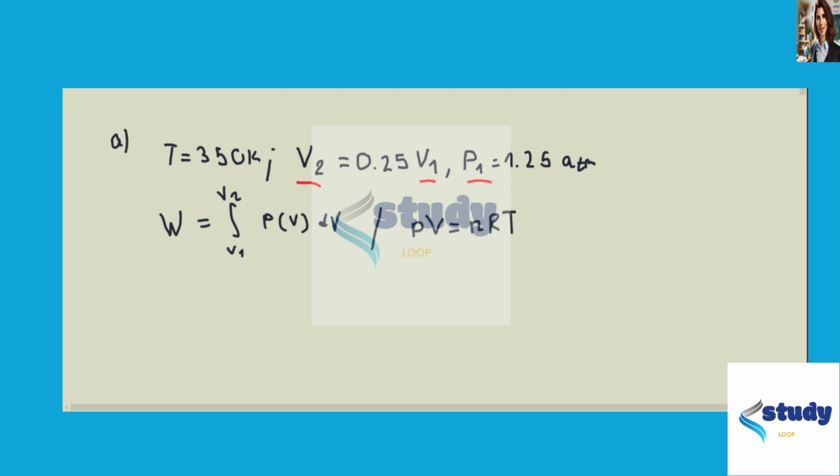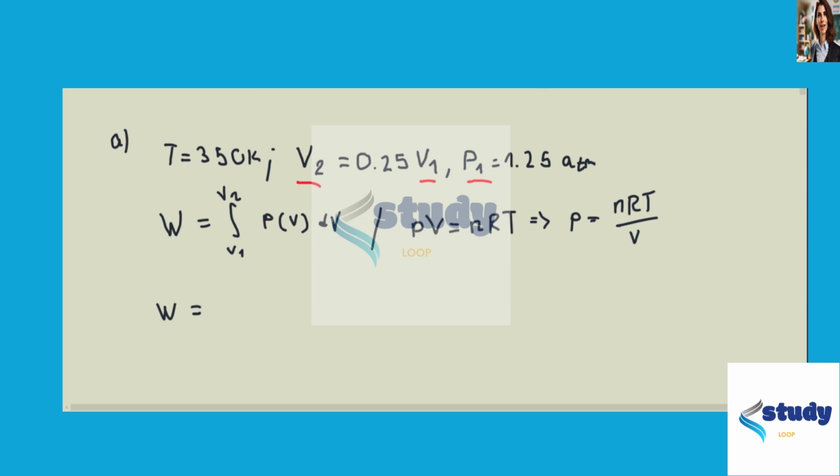Temperature is constant, so that is a very important thing to notice here. This can be transformed algebraically into a function of pressure, P equals nRT over V.